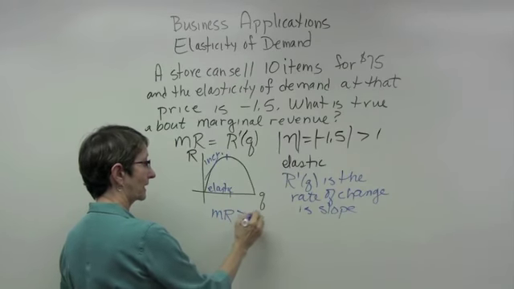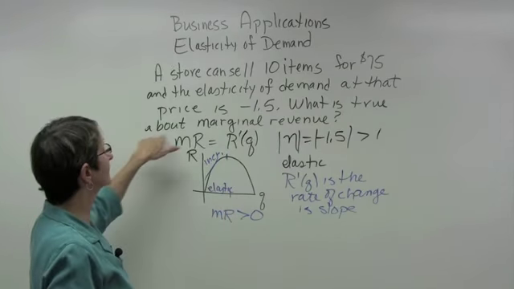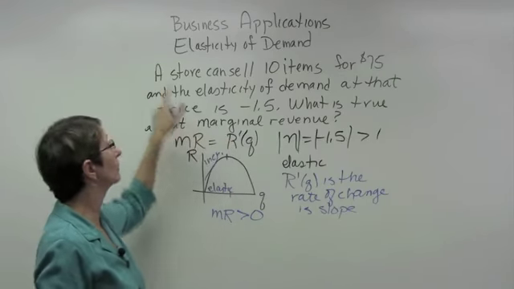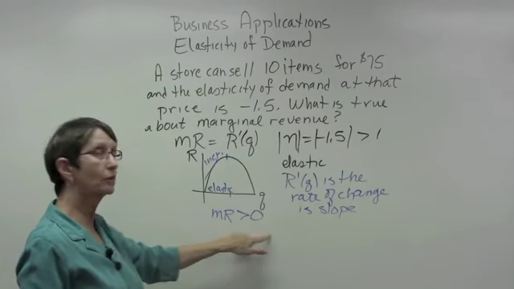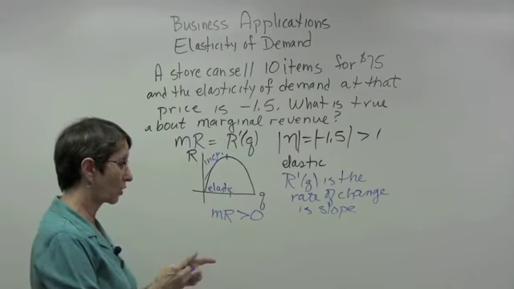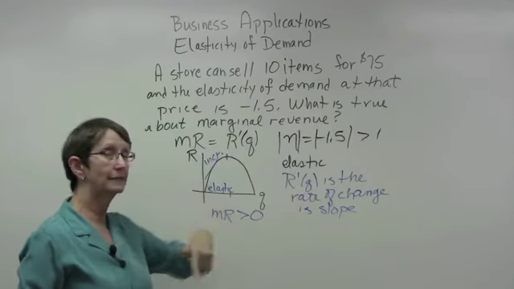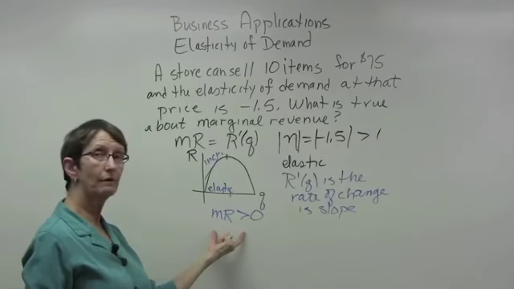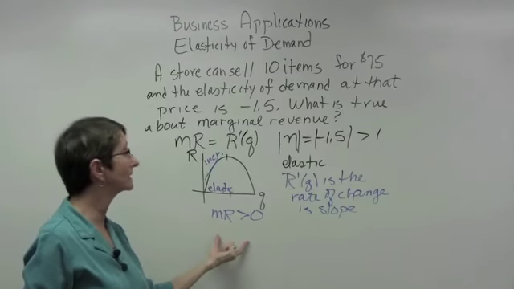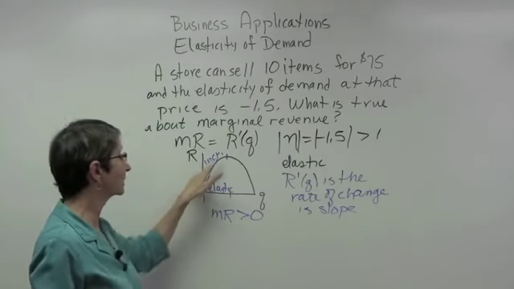That's what is true about marginal revenue for this function. Marginal means sell an additional item. If I sell an additional item, marginal revenue being positive tells me that revenue is also increasing.